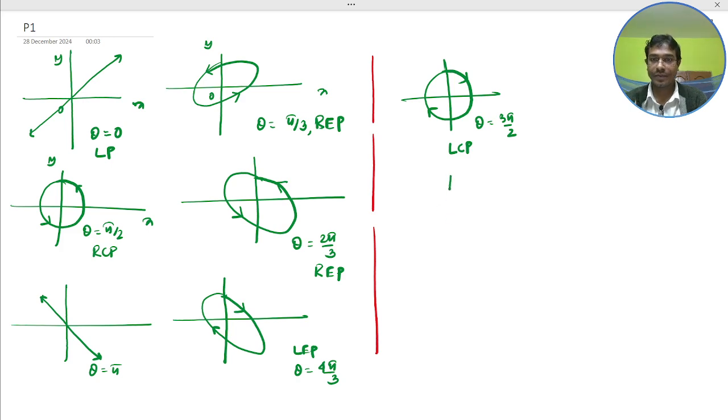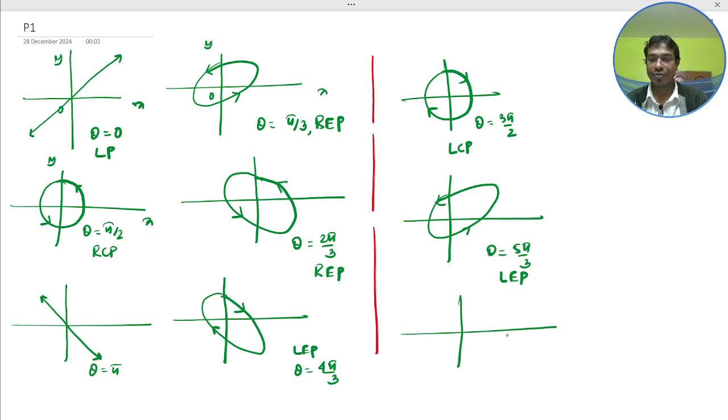Next one, these are the trajectories. So this one, theta 5 pi by 3, left-handed elliptical polarized. Last one, first and third quadrant, theta equal to 2 pi, linear polarized. These are all the trajectories.